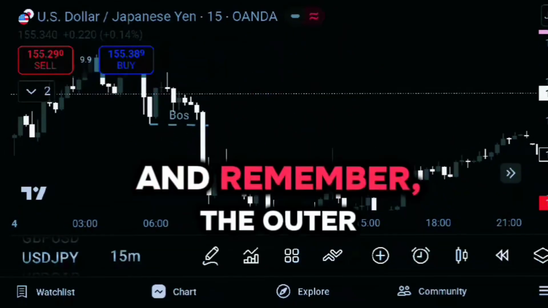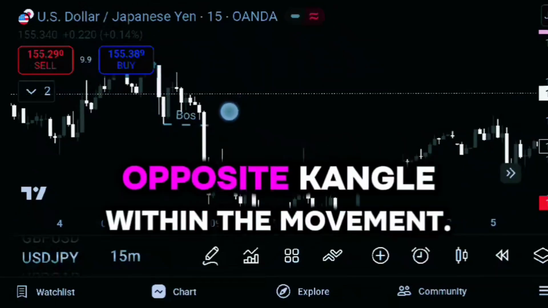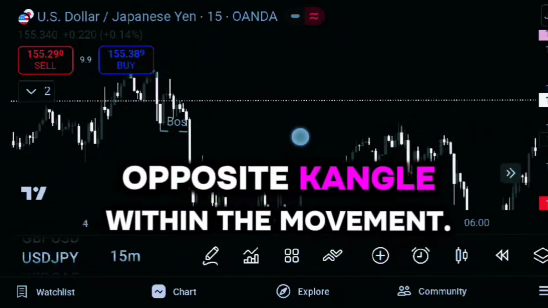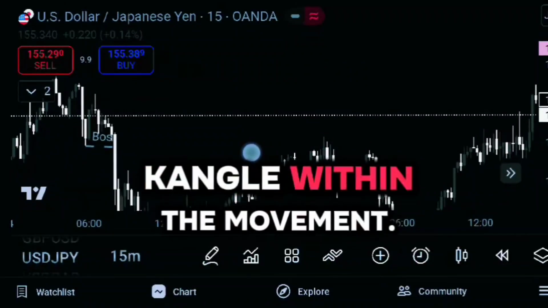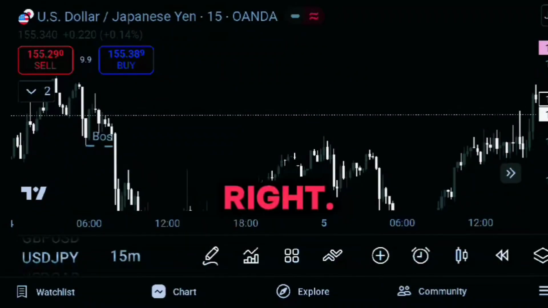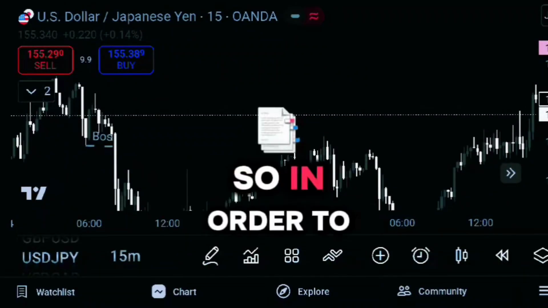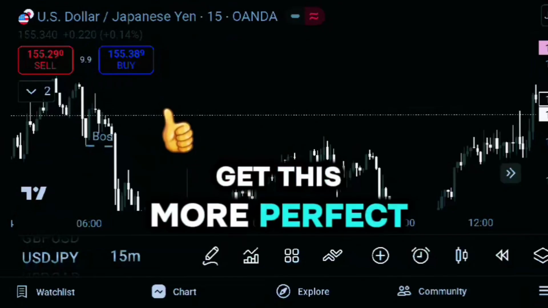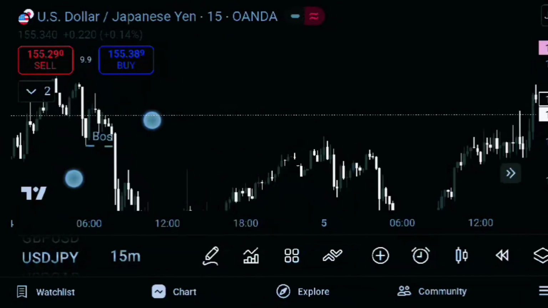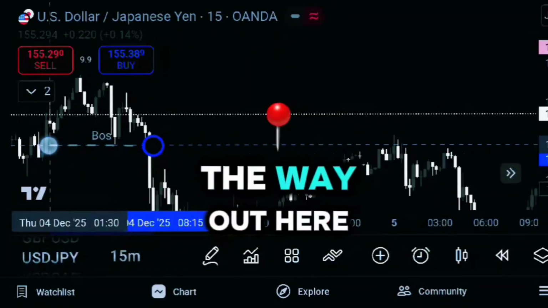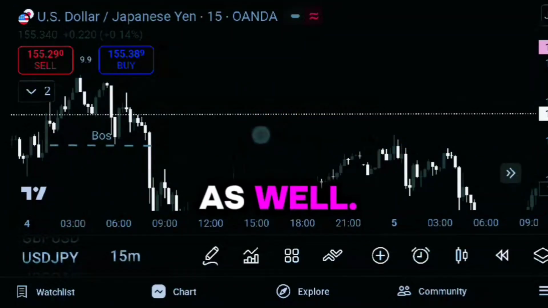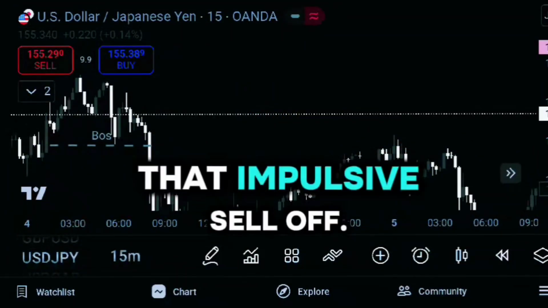and remember, the order block is the last opposite candle within the movement, right? In order to get this more perfect or refined, because we have this breakout structure right here, we can extend it all the way out here as well, and look for that impulsive sell-off.